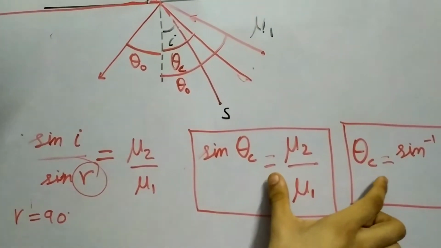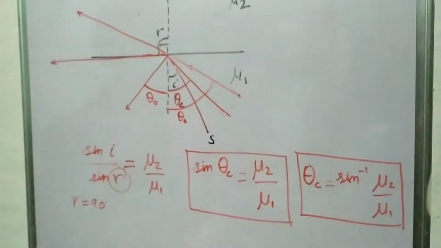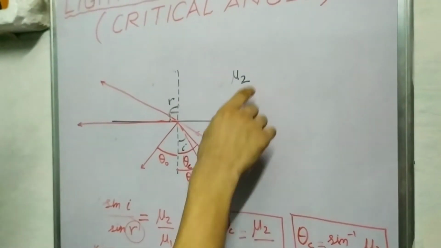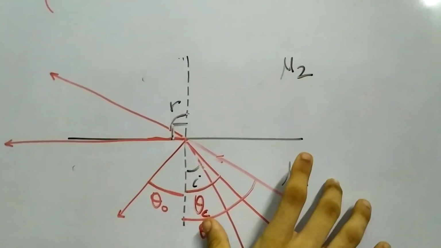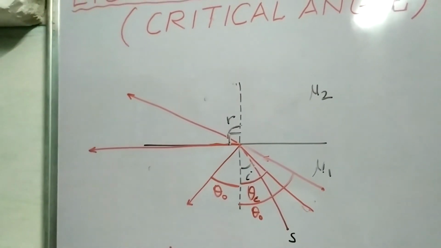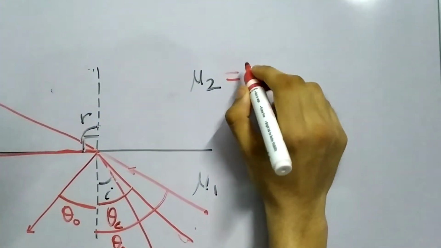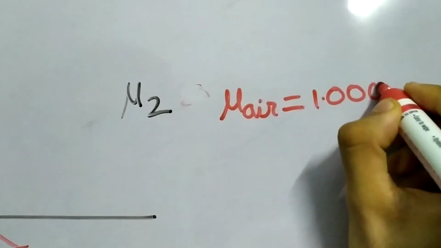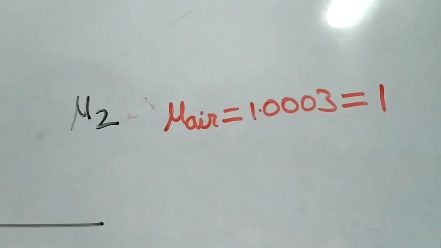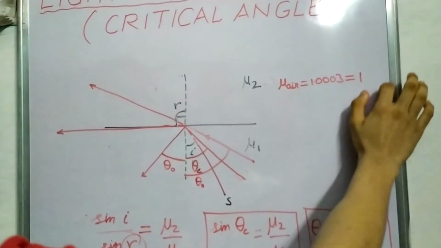Now these two are the general cases for evaluation of the critical angle, but in many questions and in many situations, this medium is air. So it's going from a denser medium, it might be glass, it might be water, into air. And as I discussed, the refractive index of air is approximately 1.0003, and we say that it's as good as 1. So we approximate the absolute refractive index of air as 1.